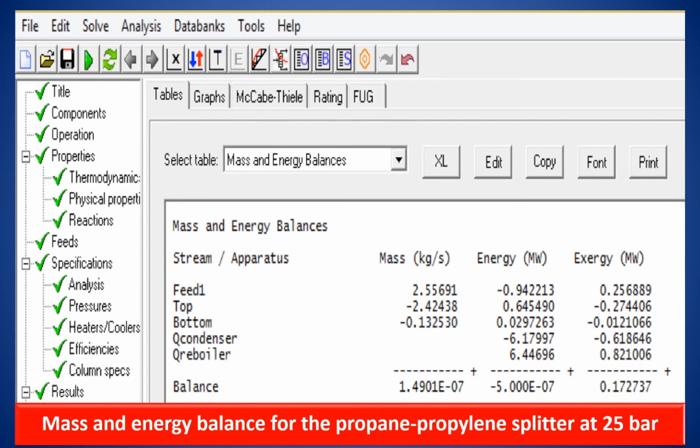This is the mass and energy balance for the propylene propane splitter at 25 bar. The reboiler duty is 6.447 megawatt and the condenser duty is 6.18 megawatt. That's a huge energy requirement.